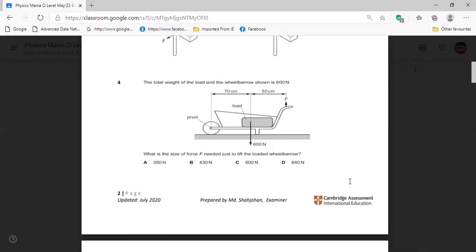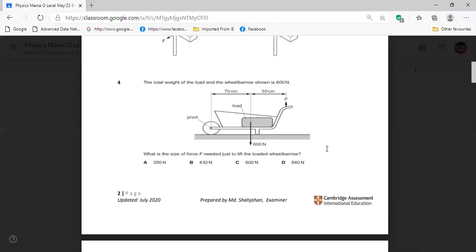I'm not sure. I think it's C, 600. Which one? 600? Yeah, I'm getting confused actually. Which one, A or C? C. I'm confused. 600 newtons. Okay, how can you explain? I'm confused myself. Did you do any working? Kind of. Should I give you some clues? Yes.